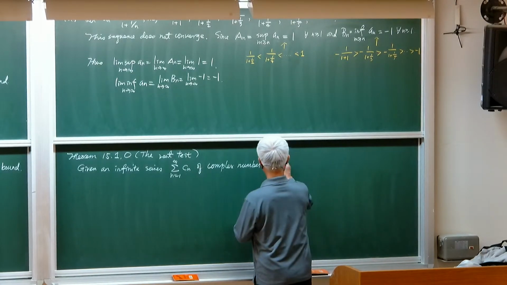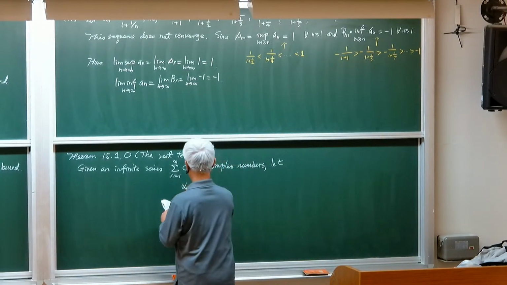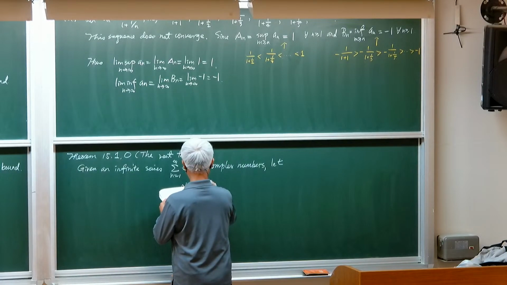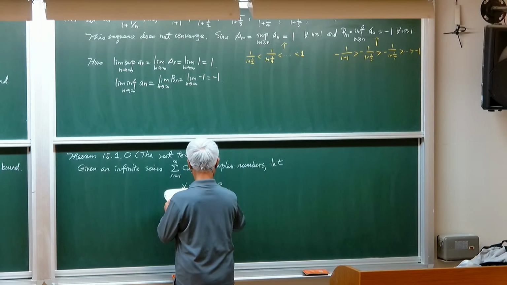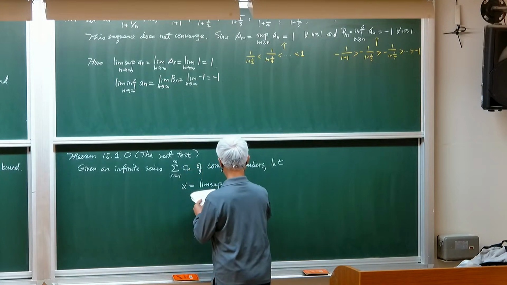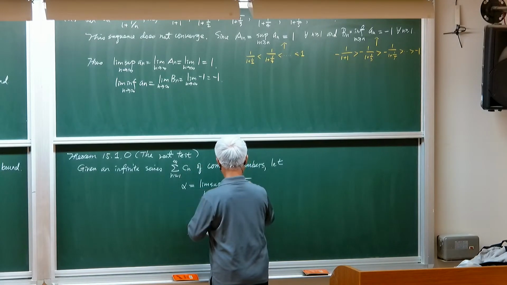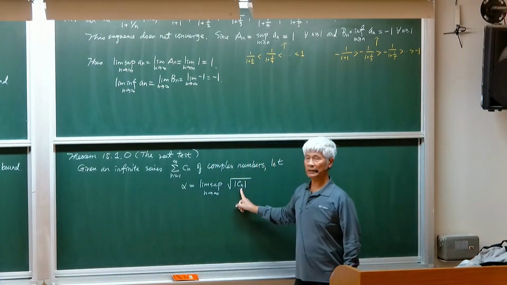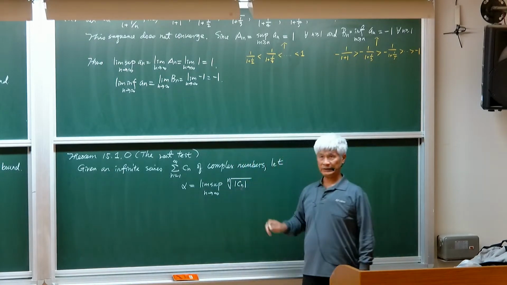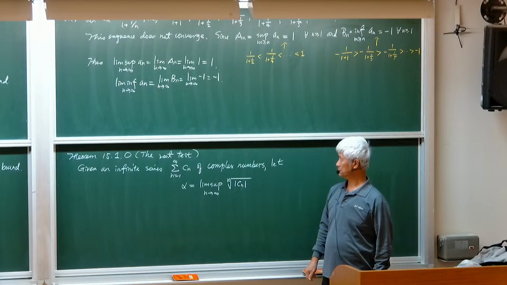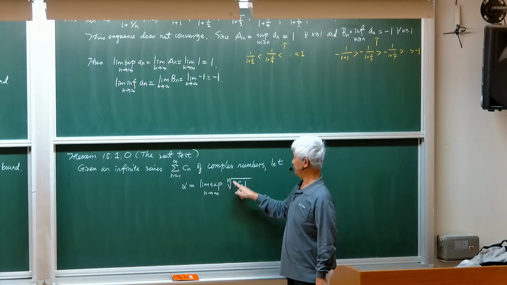Then we let alpha be the lim sup of the nth root of the absolute value of Cn.